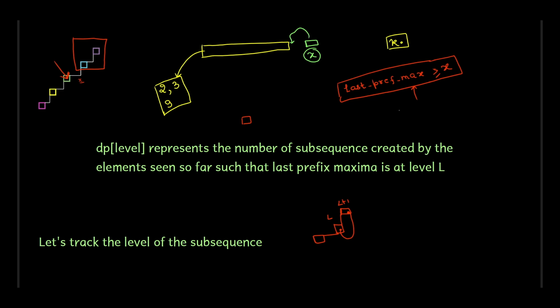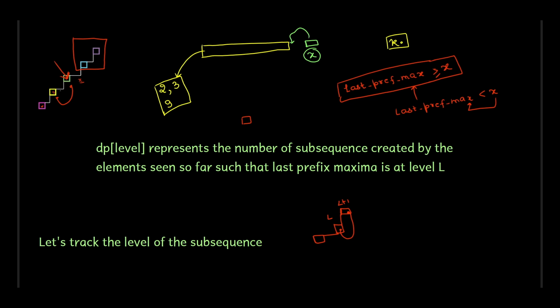But if it is smaller than x, then you can only take it if the jump takes you from level 1 to level 2. You have already stored the value of each of the boxes that you see over here somewhere, right?